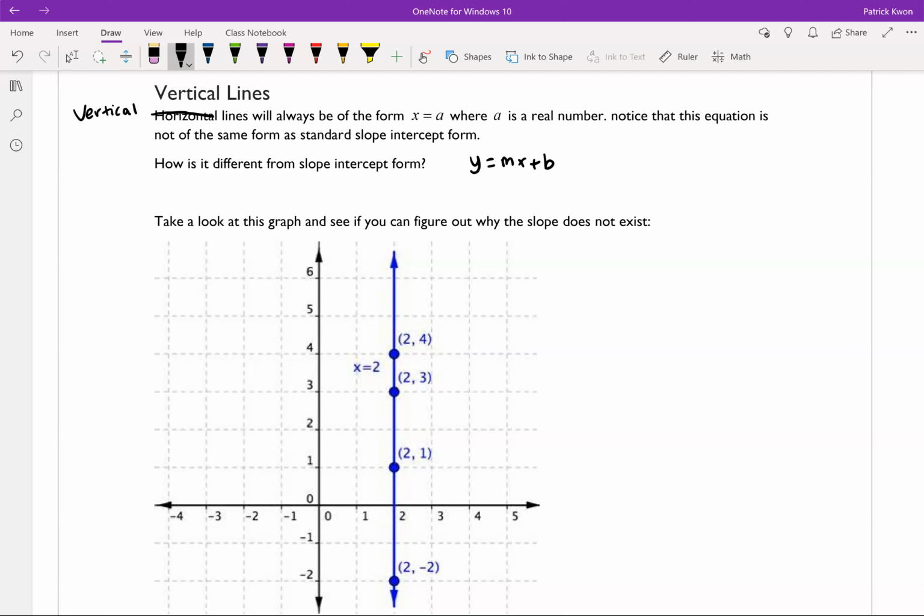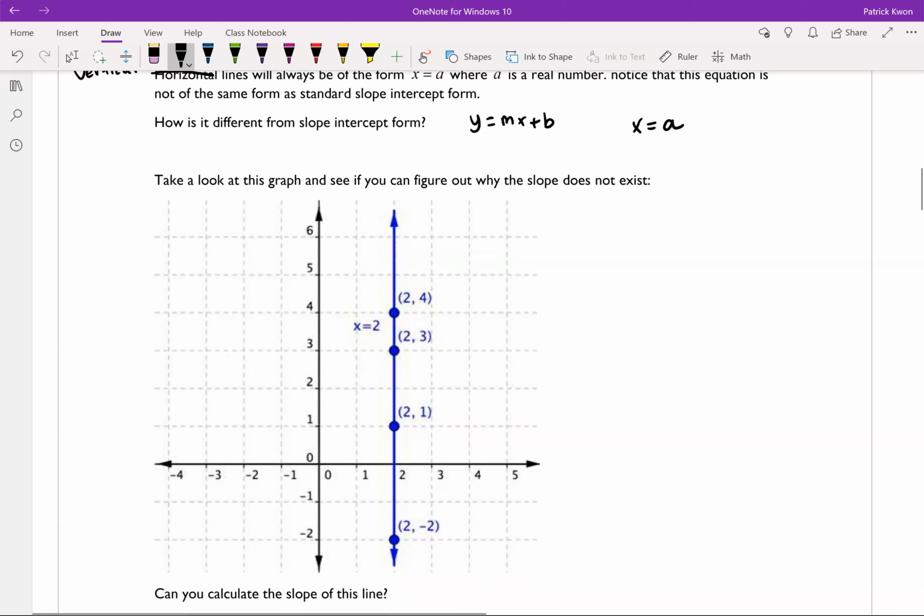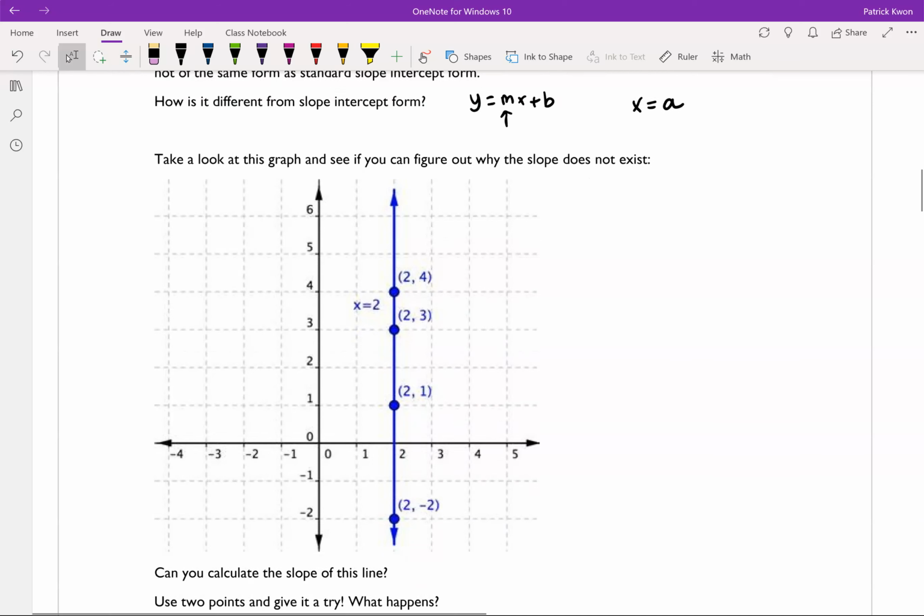And in this scenario, the equation is looking like x equals some number a. And so those don't quite look the same. Part of the reason is that if we tried to figure out the m value, there really is no slope in this scenario.